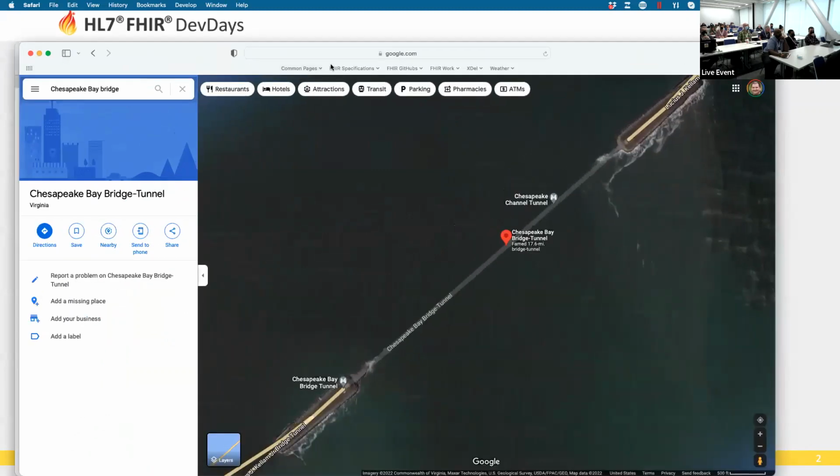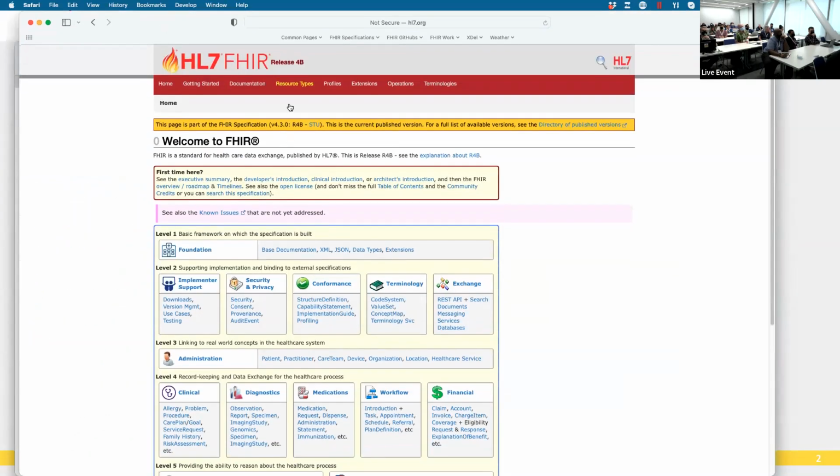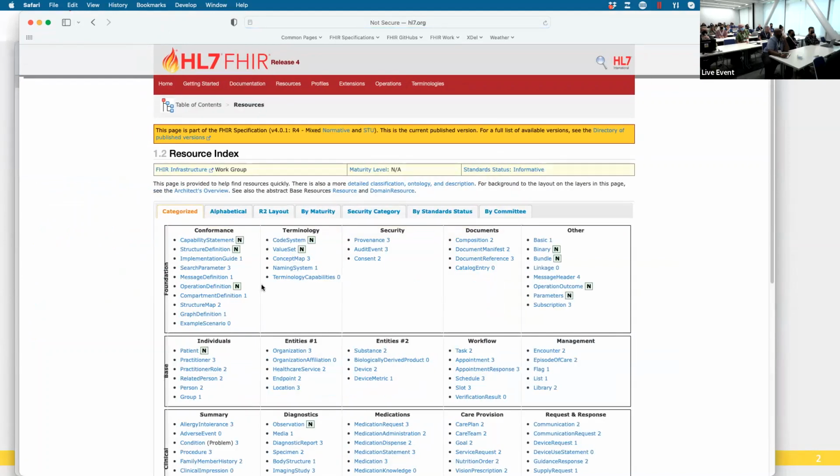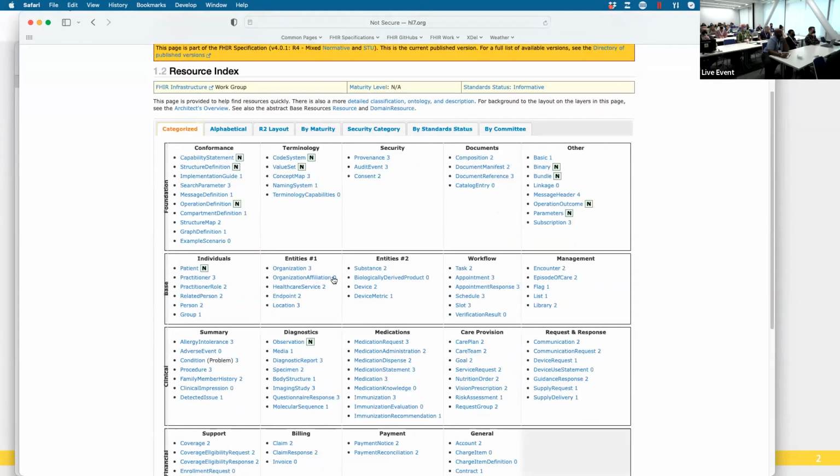Putting it into a particular section in a composition doesn't do anything. It might change how you're presenting it to the human being, but it doesn't change the computable semantics. No, but it helps you understand what's going on with the condition.